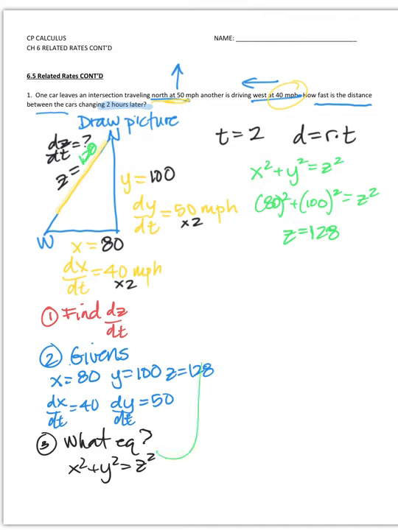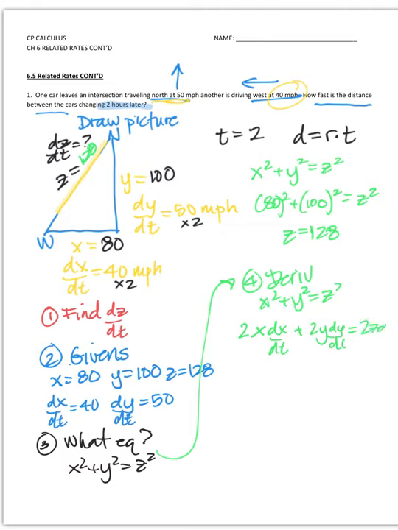So number 4, we are doing the derivative of x squared plus y squared equals z squared. We're going to take the derivative of each of these, and it's going to be 2x dx/dt plus 2y dy/dt is equal to our 2z dz/dt.